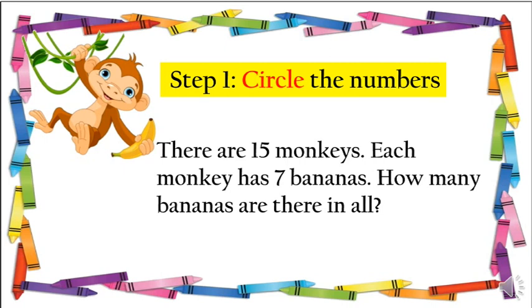So, looking at the word problem, can you circle the numbers? Yes, in the given example, the numbers are 15 and 7. The number of monkeys and the number of bananas with each monkey.